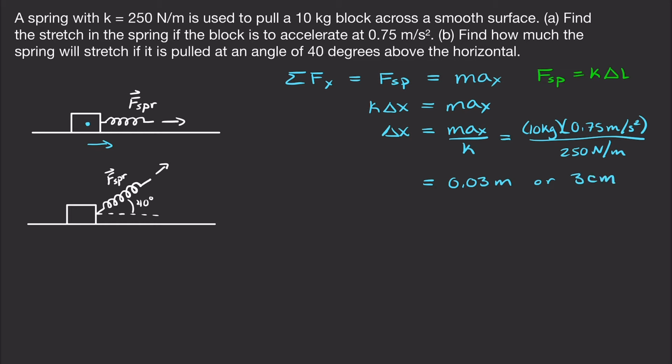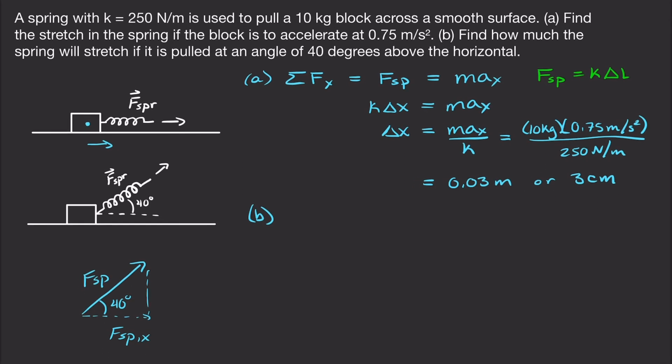So now we can do the exact same thing for part B, except now our spring's up at an angle, and so this means that our spring force is going to have both an x and a y component. If we want the x component, call this F spring x, we need to use cosine.